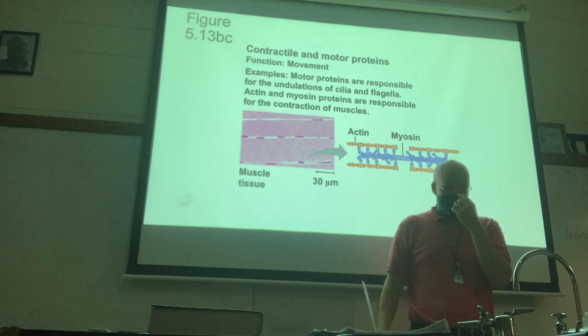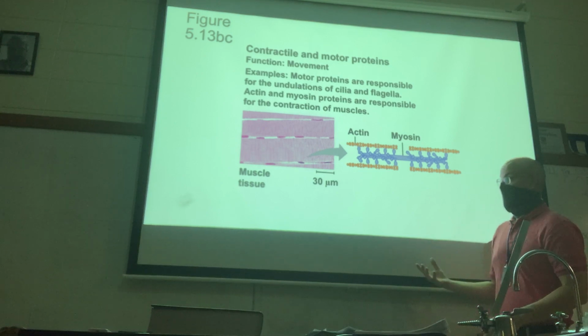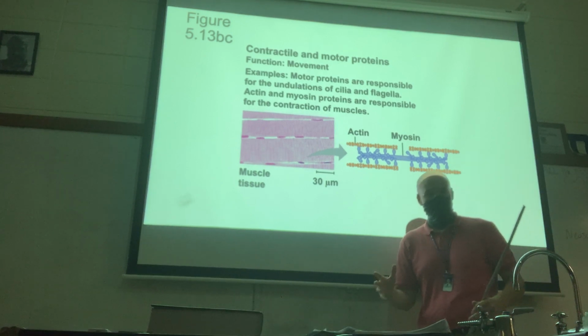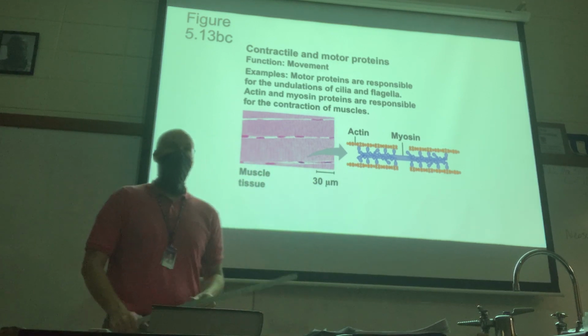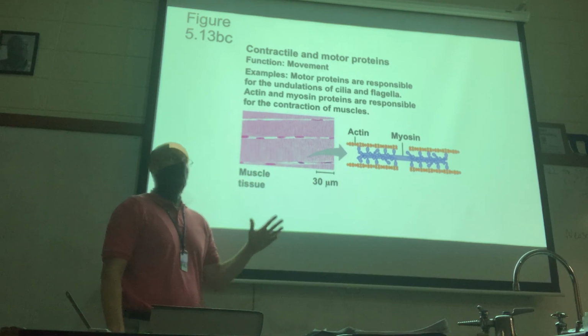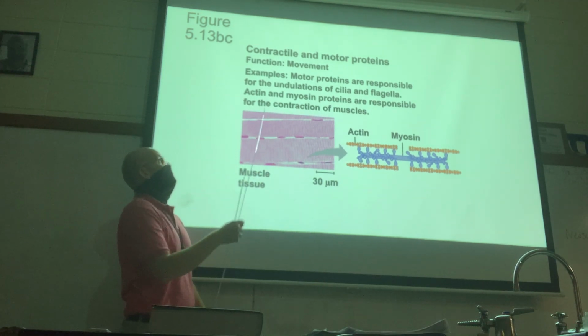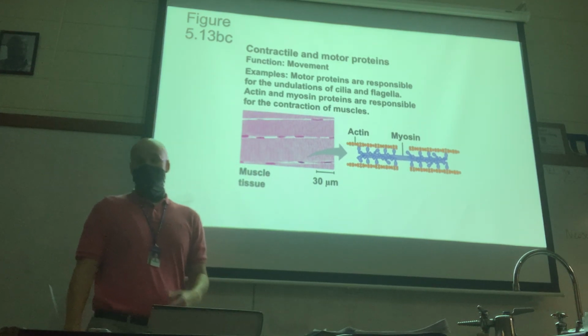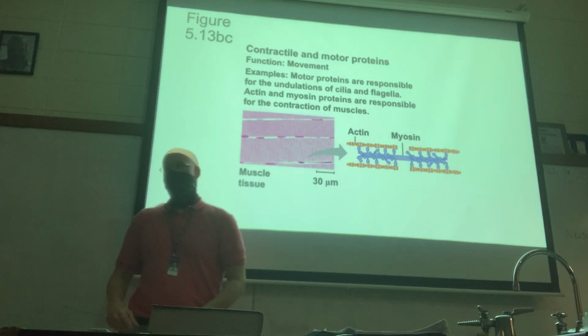You have these motor proteins that can turn and move in different ways. Not necessarily contracting, but there are movement generating proteins that exist. And those tend to be called motor proteins. But in general, you can use these to move parts of the body.